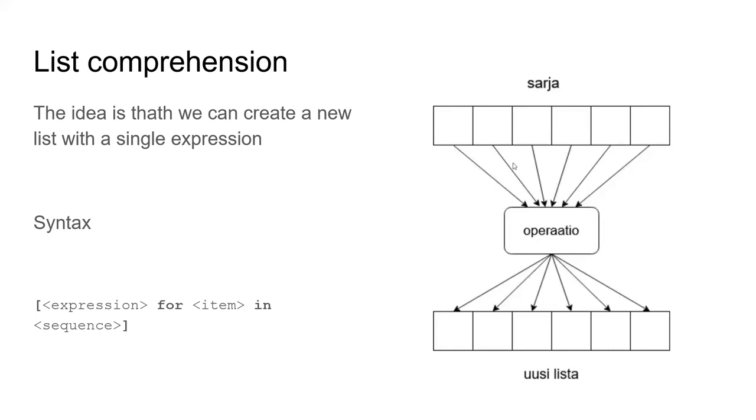Anyway, this figure here displays what happens in list comprehension. We have a sequence here on top, and then all the items in this sequence go through an operation in here, and the result of the operation for all items is stored into a new list. Basically, list comprehension always creates a new list.